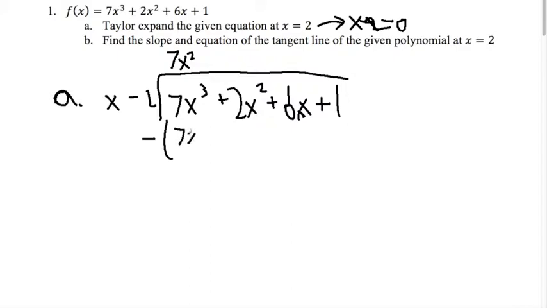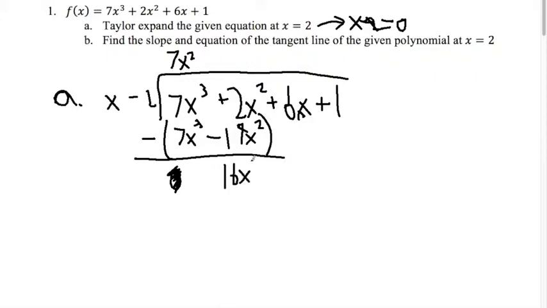After we distribute the negative, it becomes 7x cubed minus 7x cubed, which is 0, so we ignore this value, and this would become 2x squared plus 14x squared, which would become 16x squared.